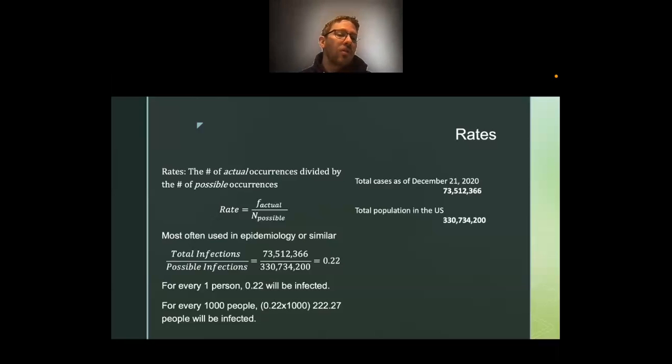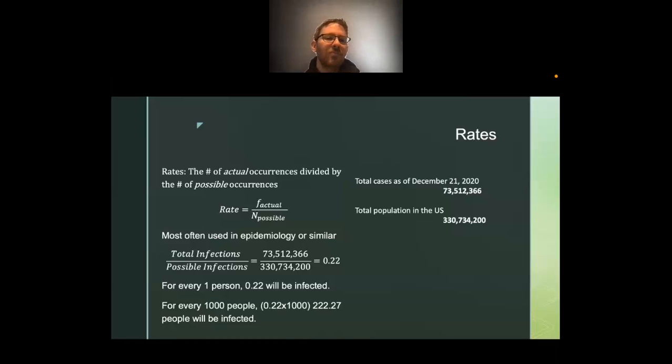And then the total infections would be the amount of actual people infected. Now we know that, especially with COVID, people are getting infected twice, even more, so it's hard to say what the possible occurrence is. But if we just assume that everyone could only get infected once, that would mean the possible infection for COVID would be 330 million. That's the population of the US.